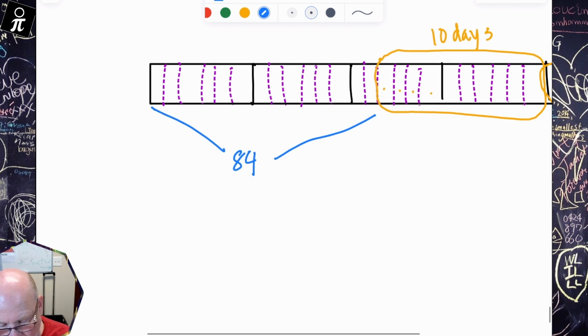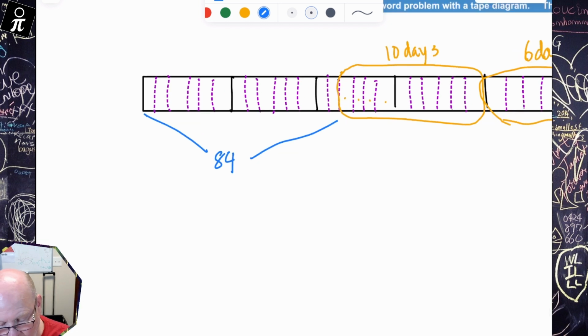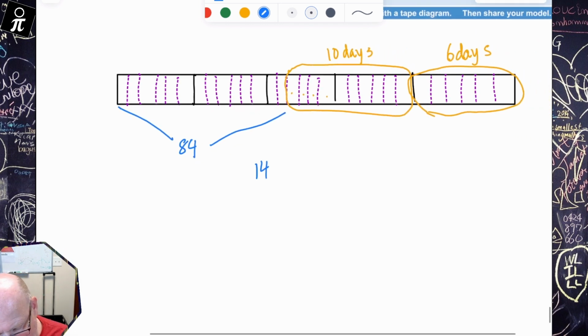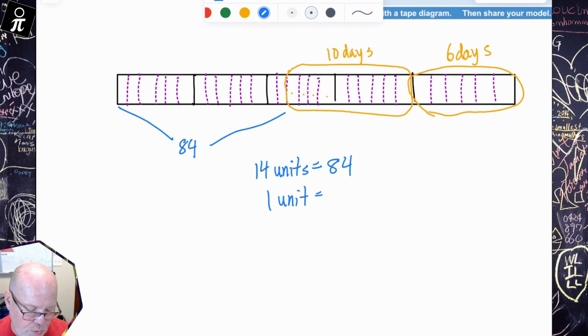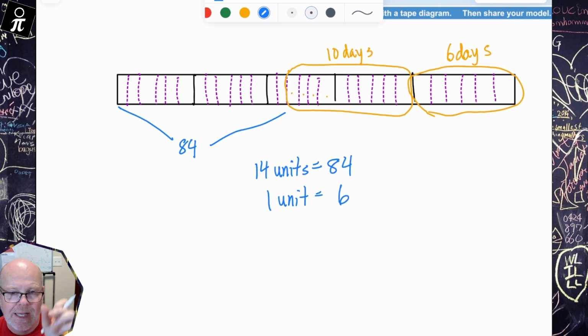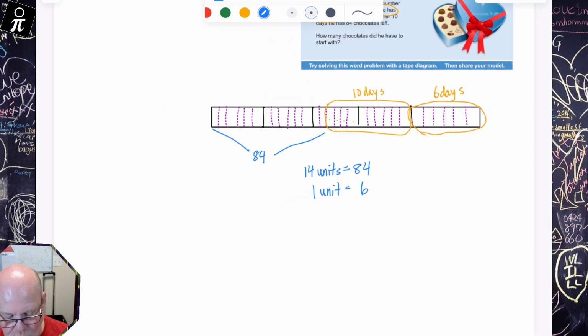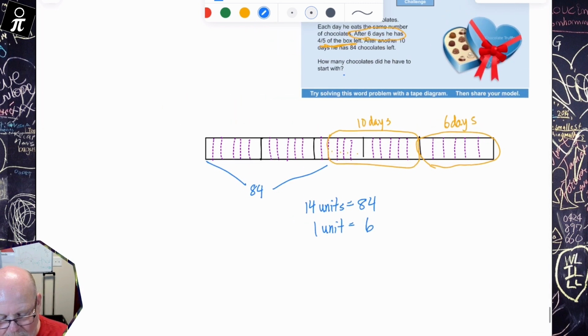So I see 12, 13, 14. 14 little units is equal to 84. So that means 1 unit is equal to 6 chocolates. So each little unit is equal to 6 chocolates. And it says how many chocolates did he have to start with?